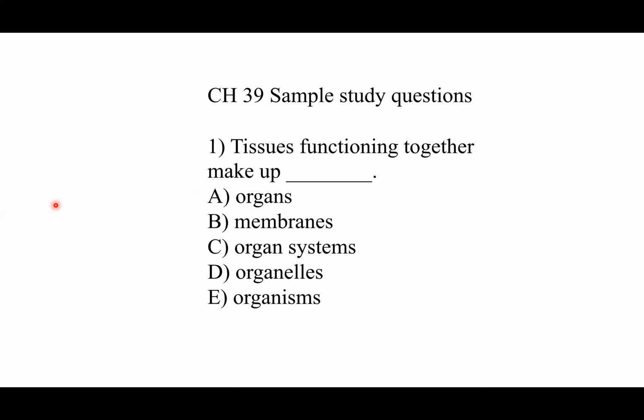So next are a group of 20 sample study questions. And I put these in here because they're almost exactly what you could expect from the exam. I'm not sure if she's going to provide us with questions for chapters 42 and 46 if we get to it, but if we do, I will definitely add these once I make a final exam review.